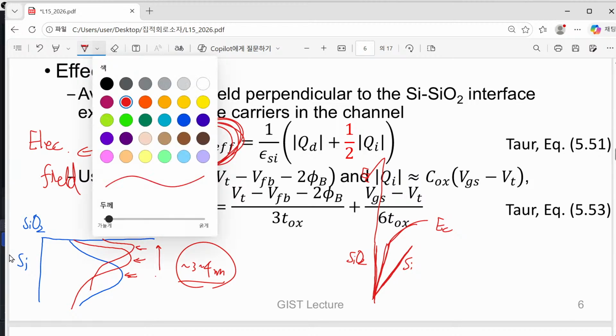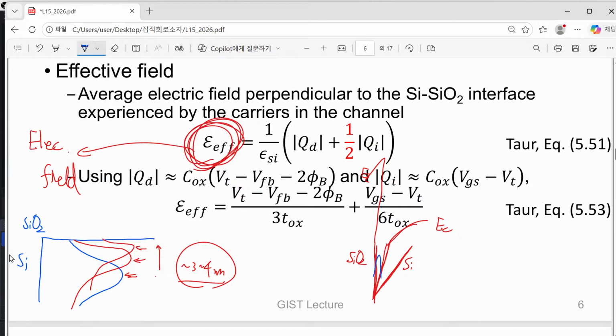As a result of this narrowing, our electrons should be found in this place. Previously, they could be found in this place. So the average or most occupied position of our electron gas is quite close to this interface, and that is the reason why our effective mobility is a function of effective electric field.